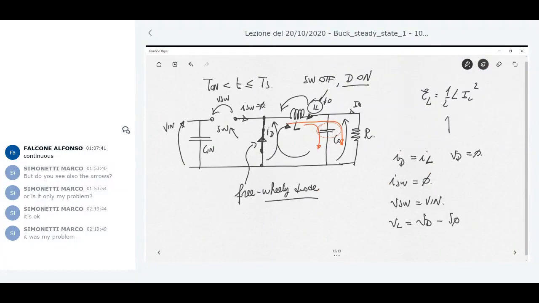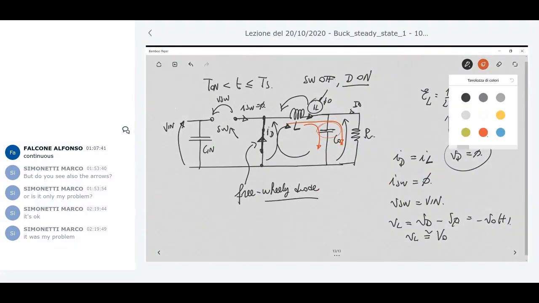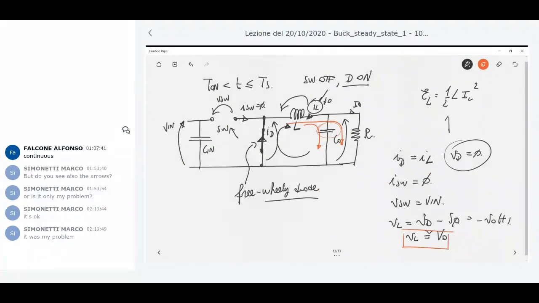But the voltage across the diode is null, so it's minus VO. And since the small ripple approximation holds, I can say that VL is more or less the DC voltage of the output. Okay, so what happens to the inductor current?